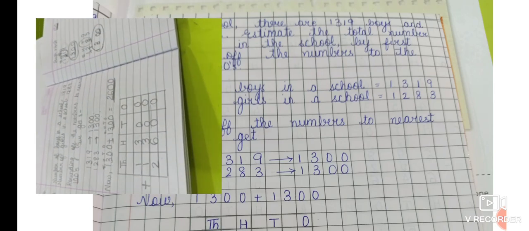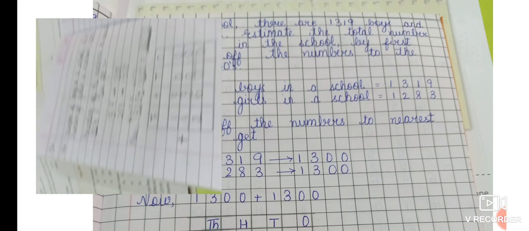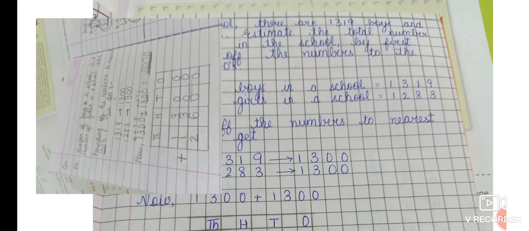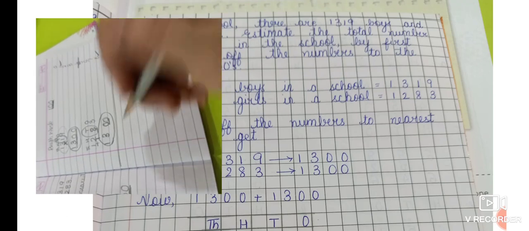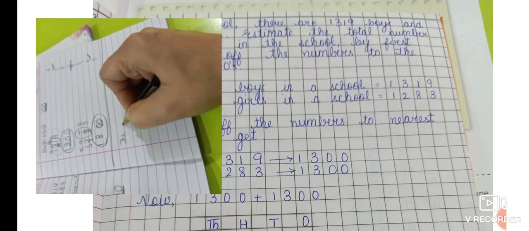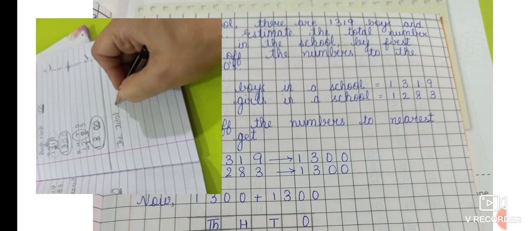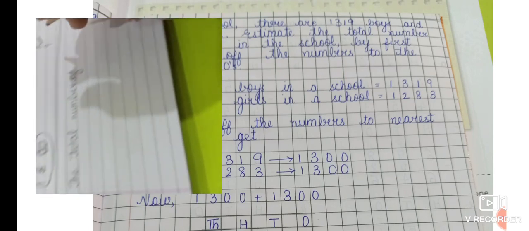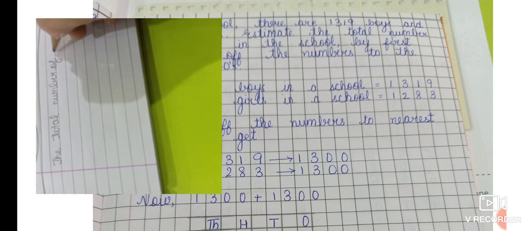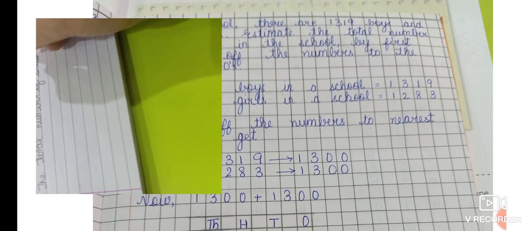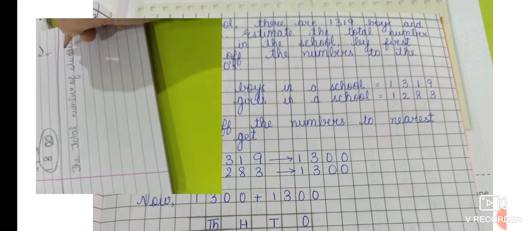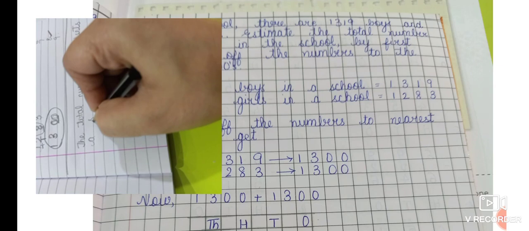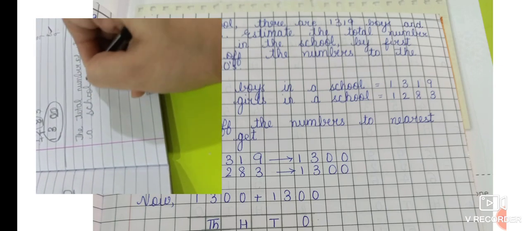So here we will write 2600. Now for the last sentence, you will write: the total number of students in a school is how much?